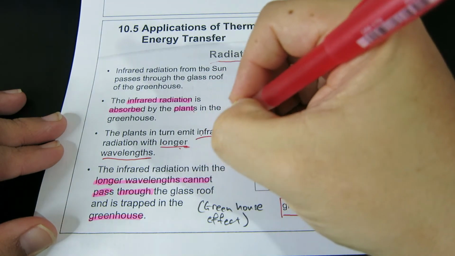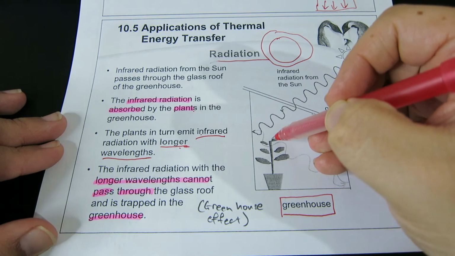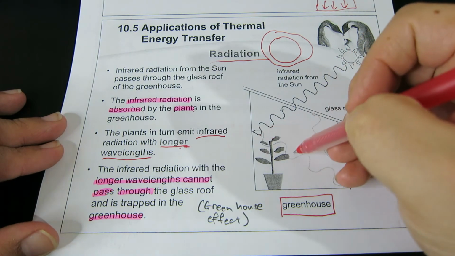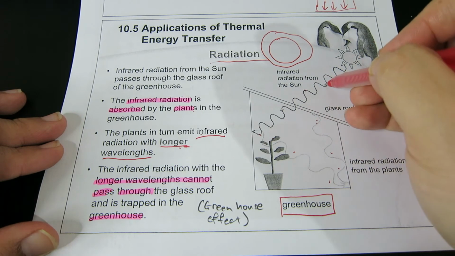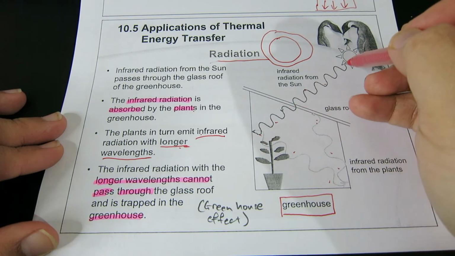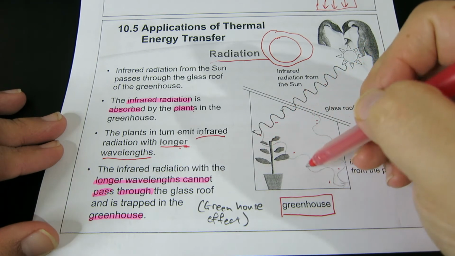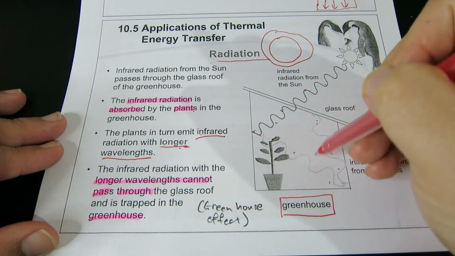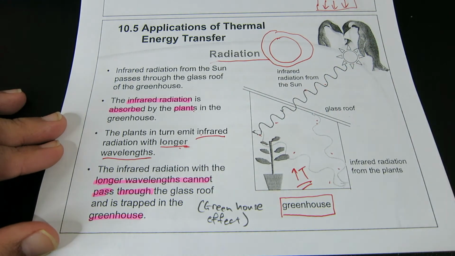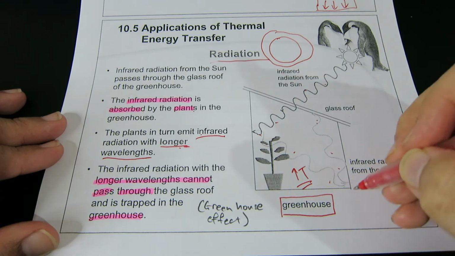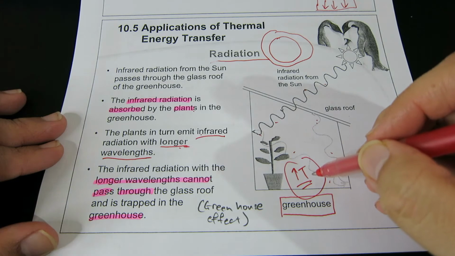You can think of it basically as the infrared radiation having lost some energy because some of it is absorbed by the plants, and because of that it now does not have enough energy to go back out the way it came in. So thermal energy via infrared radiation can go in, get absorbed, and the remaining cannot escape and gets stuck in here, causing a rapid increase in temperature in the greenhouse. So farmers use this to keep their crops warm in winter.